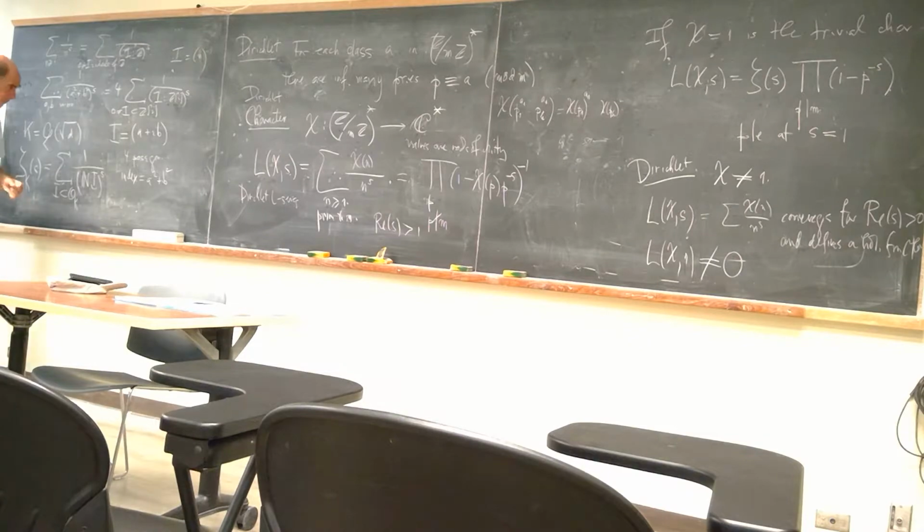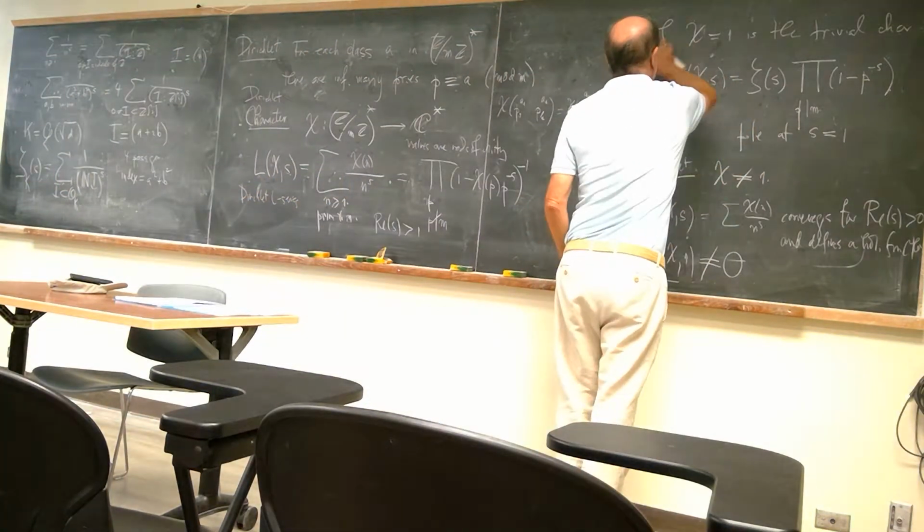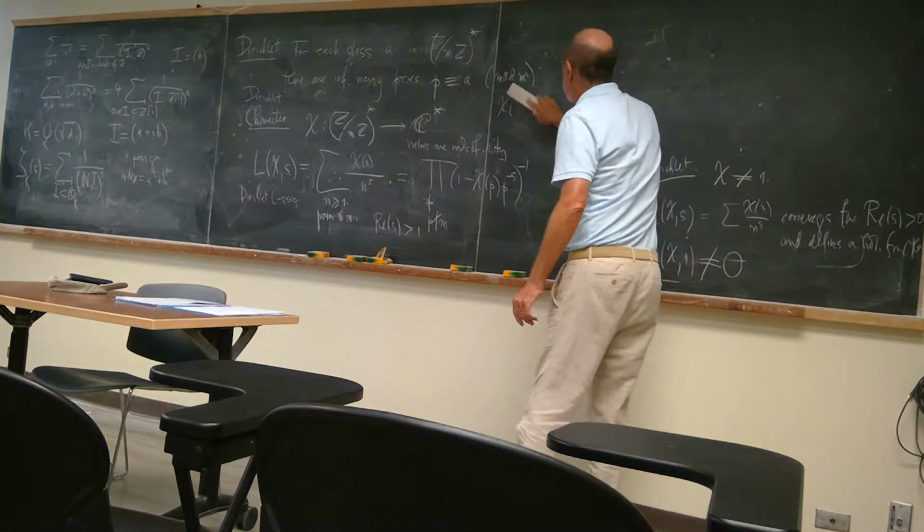Now, what Dirichlet proved, and that was another one of his greatest accomplishments, is that you could reinterpret the theorem of quadratic reciprocity.